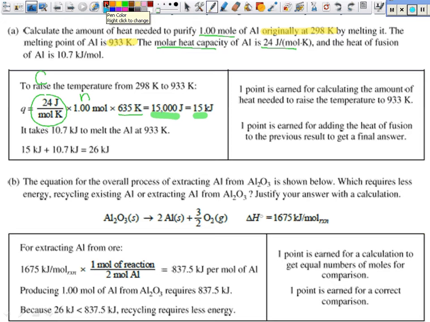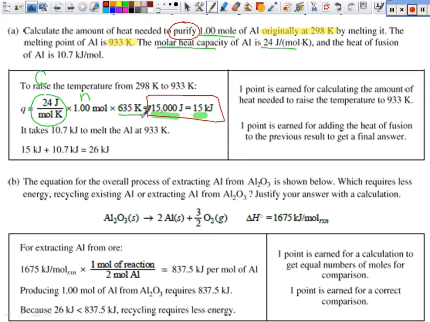We're trying to purify aluminum by doing what? By melting it. So do you agree that before we ever do anything, we've got to melt it? Right? All right. So if we melt it, it takes 15,000 joules from room temperature to the melting point, right?